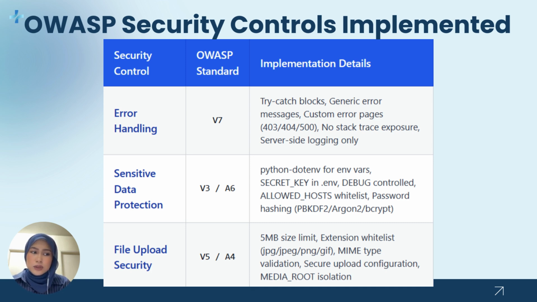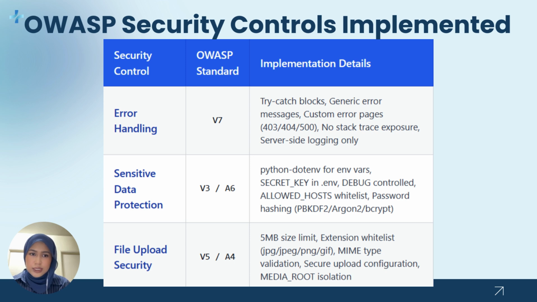We whitelist allowed hosts and hash passwords using strong algorithms like PBKDF2, Argon2, and bcrypt. This multi-layer approach ensures that credentials and other sensitive info are not exposed in code or during runtime.